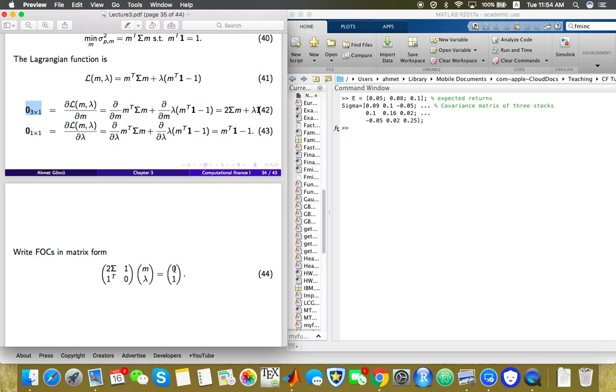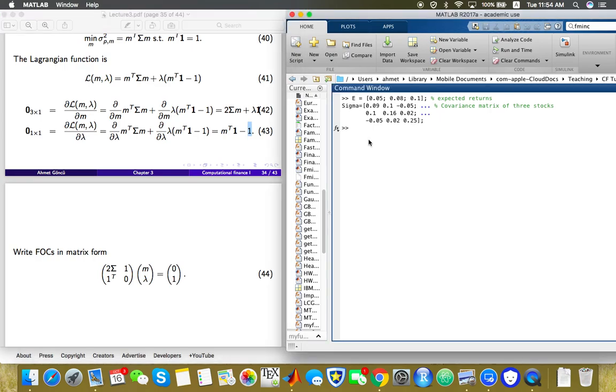So this is a vector of zeros here, and we have the m times the vector of 1s, and we have 0 times lambda, and on the right hand side you have this scalar, which is just a scalar 1.